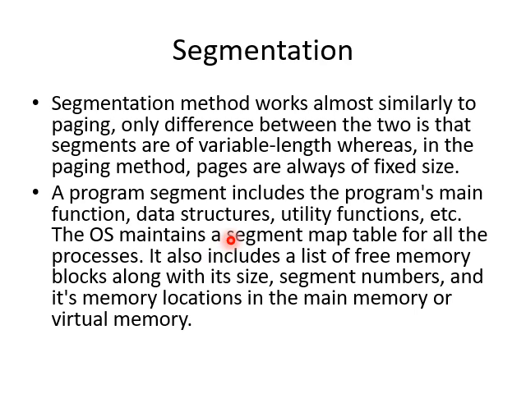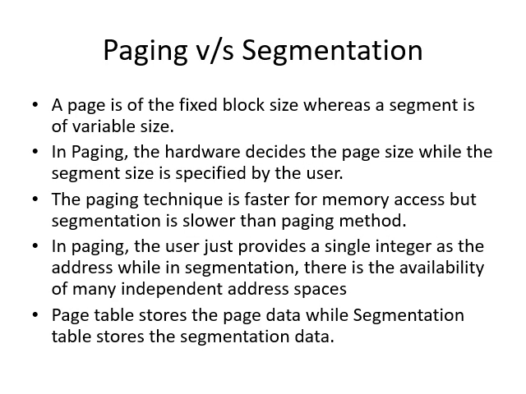A program segment will include the program's main function, data structure, utility function, etc. So whenever the CPU requires a particular piece of information, that segment will be brought from the virtual memory to the main memory. Now the main memory or the virtual memory will not be divided into equal sized blocks. The size of segments will vary.